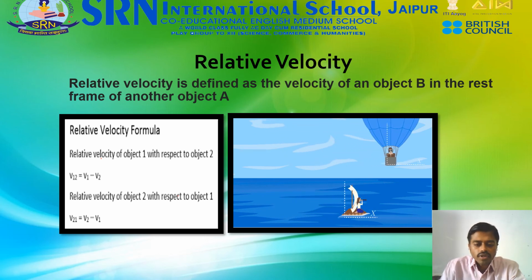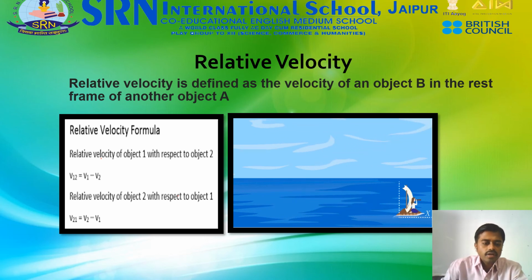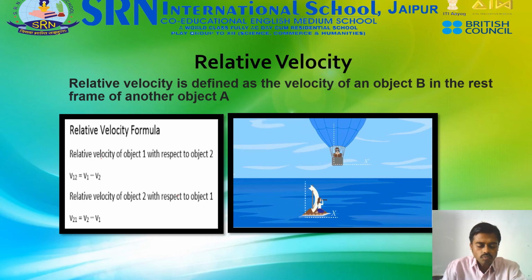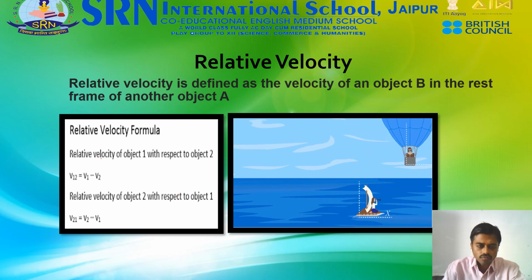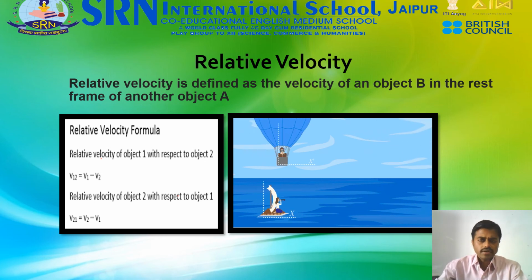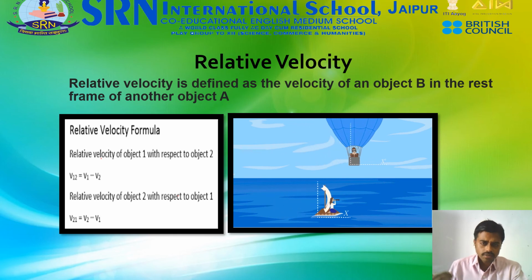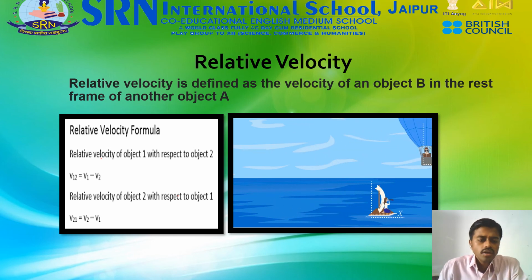Now here we can have the formula for relative velocity. If two bodies are in motion, or we are referring to two bodies where maybe one is at rest and maybe one is in motion, in any condition we can have relative velocity between the two bodies.